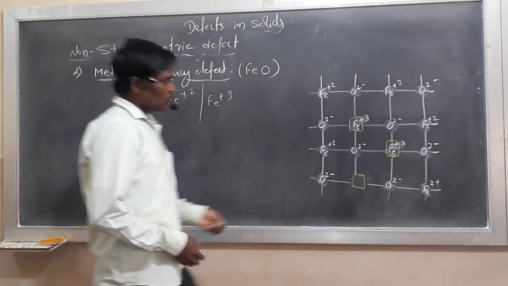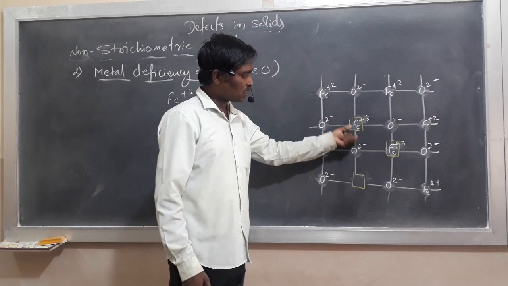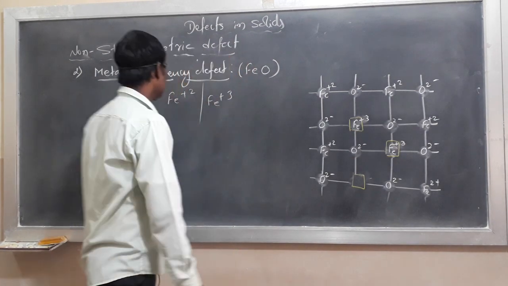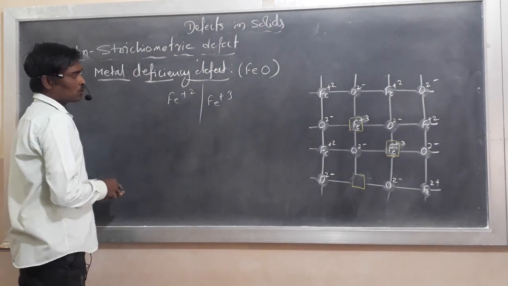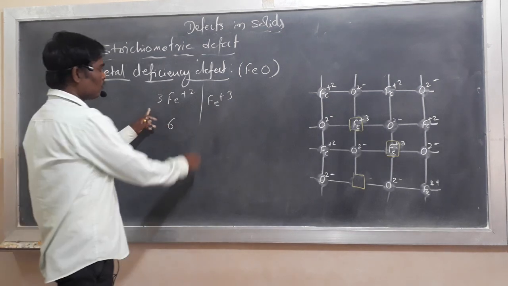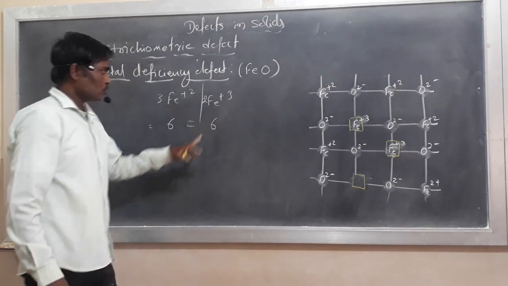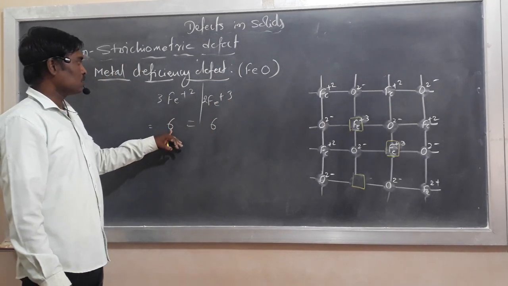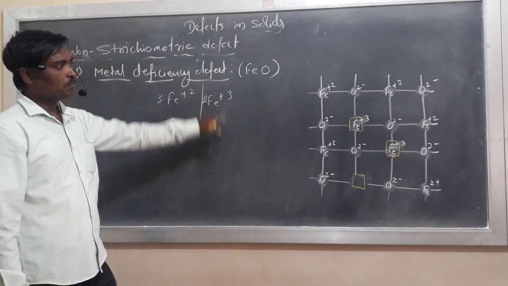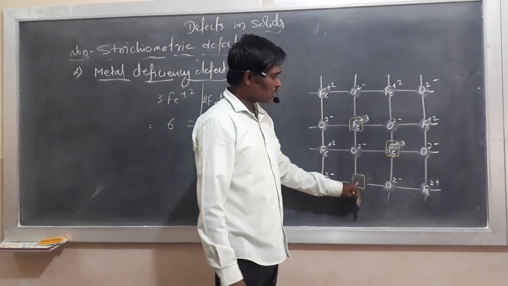Only 2 Fe plus 3 ions replace the 3 Fe plus 2 ions to maintain electrical neutrality, because 3 Fe plus 2 ions give a total charge of 6, which is equivalent to 2 Fe plus 3 ions, also 6.